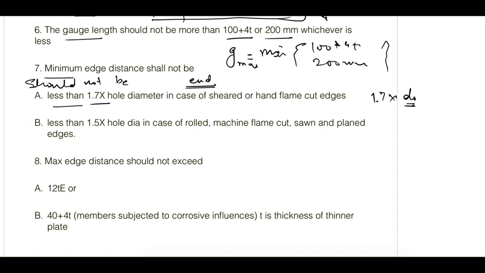So the minimum value of edge and end distance, e minimum, is equal to 1.7 times d naught in case of sheared or hand flame cut edges, and it should not be less than 1.5 times the hole dia. So e minimum is equal to 1.5 times the hole dia in case of rolled, machine flame cut, sawn and planed edges.